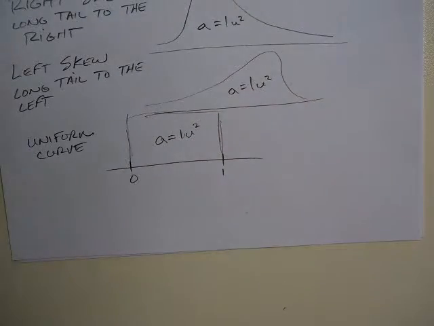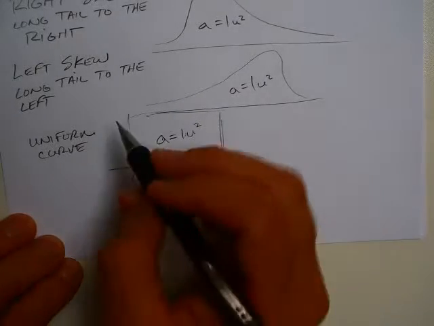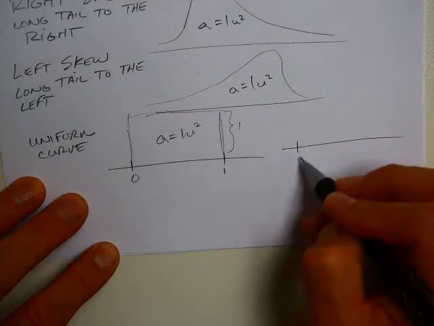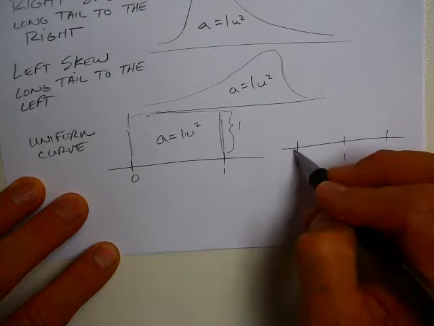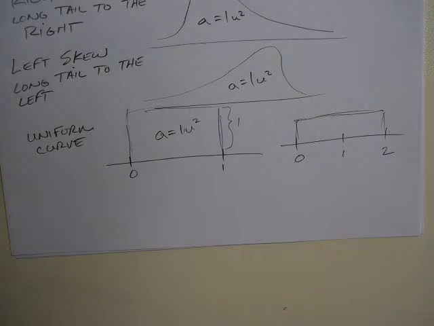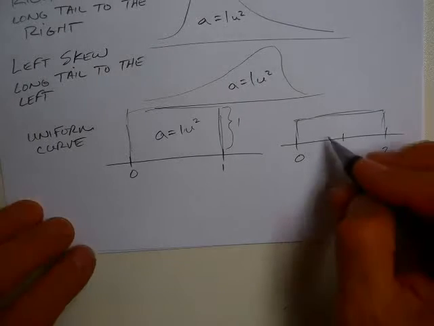You might run across a problem that gives you a uniform curve with a base of 1, a length of 1, so this height would be 1. Or it could be something like this. What's the height of the curve? 1/2. Right, exactly. So base times height always has to equal 1.